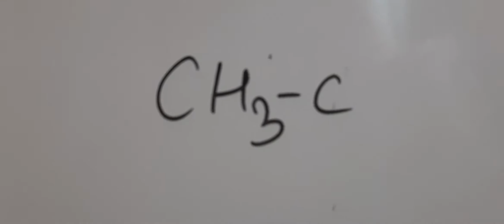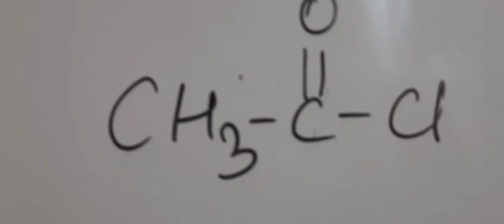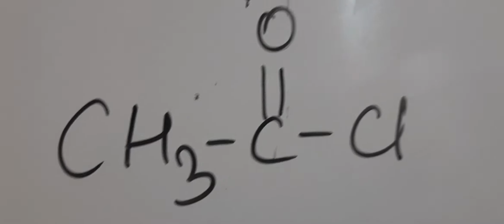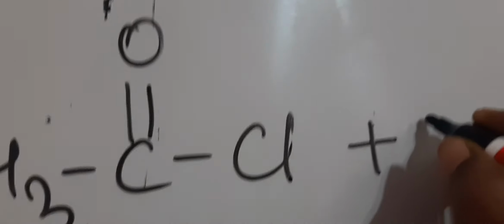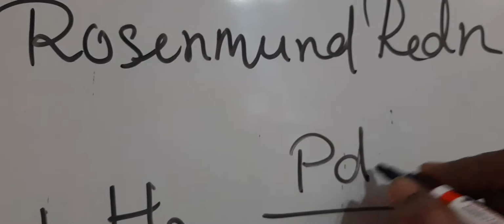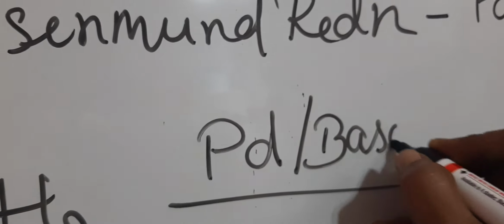The reactant that is taken is acetyl chloride. The acetyl chloride can be written like this, CH3 C double bond O Cl. What we are going to do is reduce it, that means add hydrogen, in the presence of the Rosenmund reduction reagents such as palladium and barium sulfate.